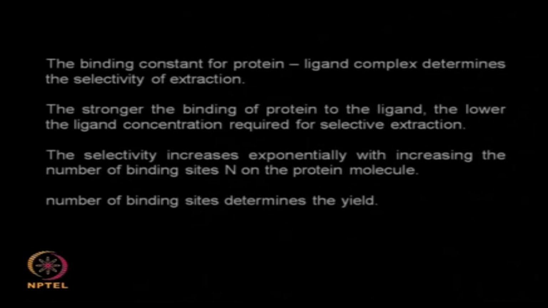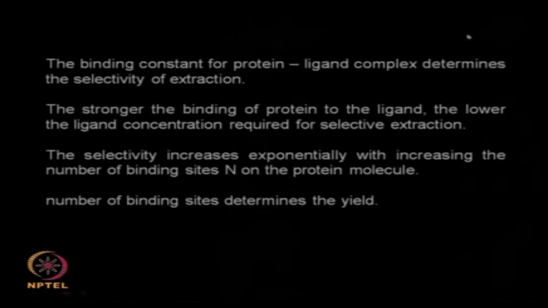So the binding constant for the protein ligand complex determines the selectivity of the extraction. The stronger the binding of protein to the ligand, the lower the ligand concentration required for selective extraction. That means if it is going to bind very strongly, I can use less ligand amount.